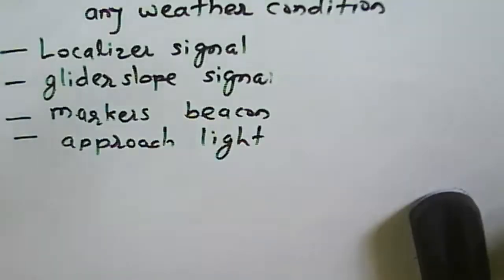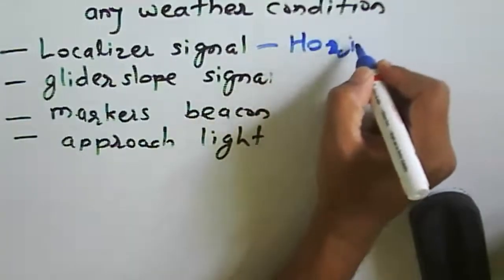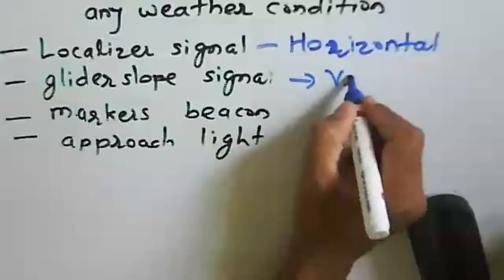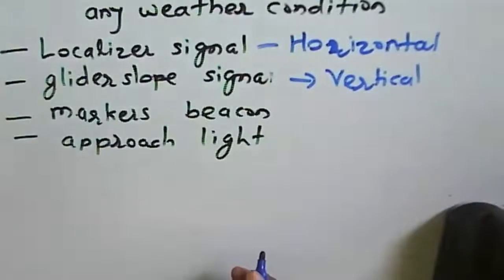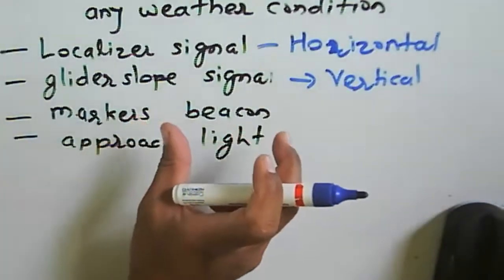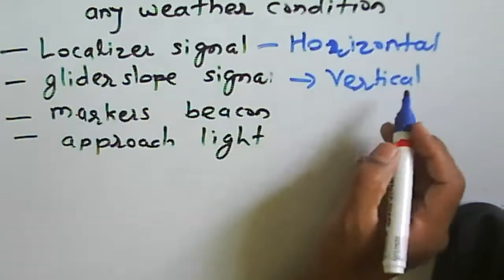So this one is about horizontal, and this one is about vertical guidance regarding the aircraft landing. That signal is transmitted from the runway and will be available at the aircraft.